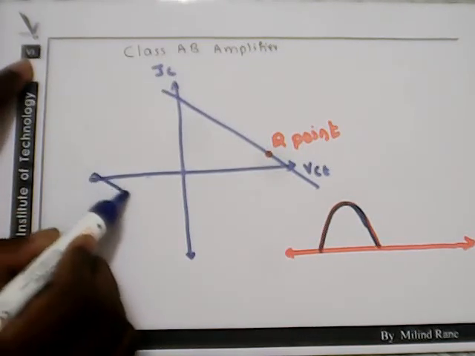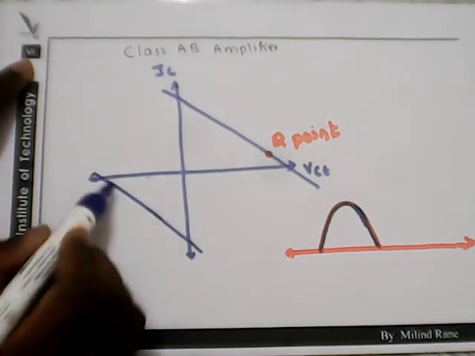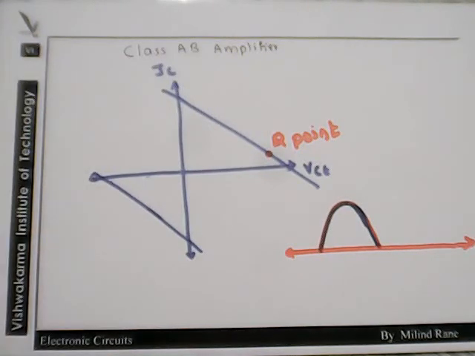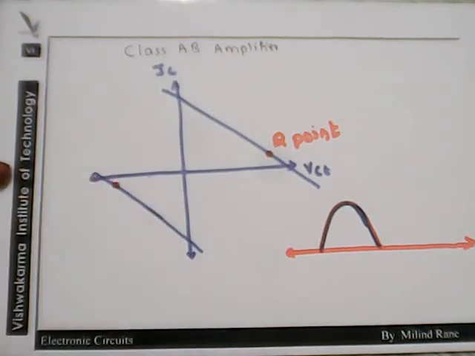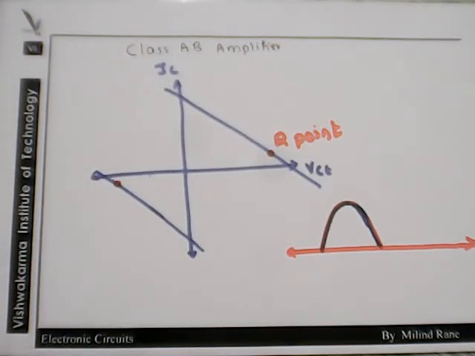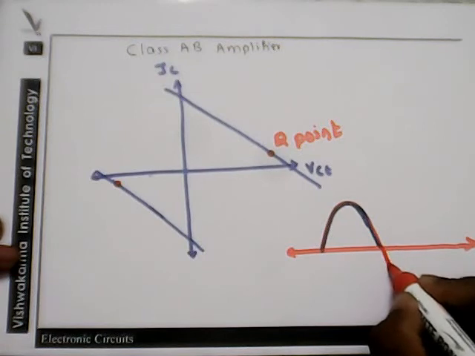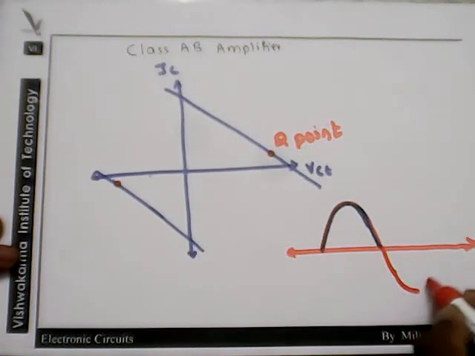We can have the load characteristics for the second transistor, and we can mark down the operating point just here, so that we have another input cycle, which is negative.